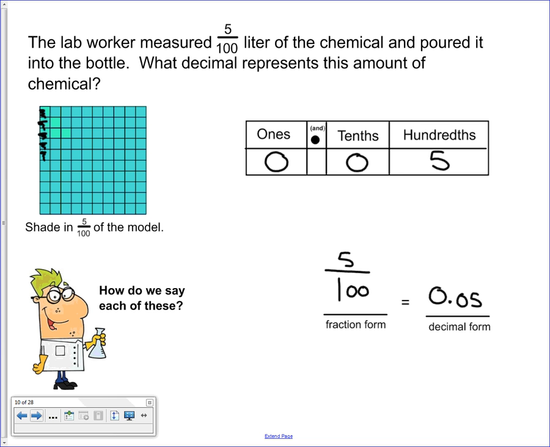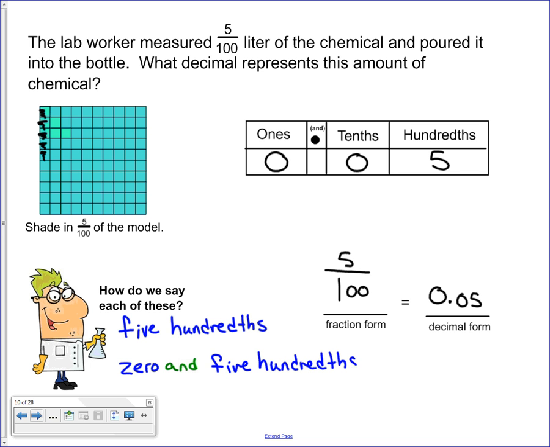And I know it's not asking, but we're going to go ahead and... Oh, it does ask. It's saying it right here. How do we say both of these? Well, we say 5/100ths. And we say 0, I'm going to use a different color there, and 5/100ths.